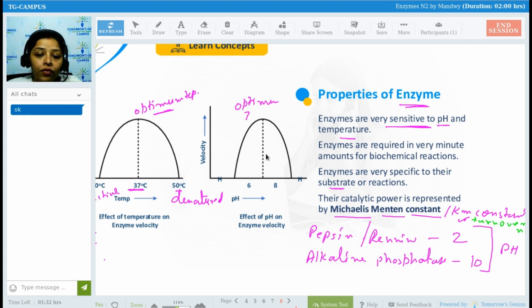As this constant was given by Michaelis-Menten, this Km constant is also known as the Michaelis-Menten constant. Okay.